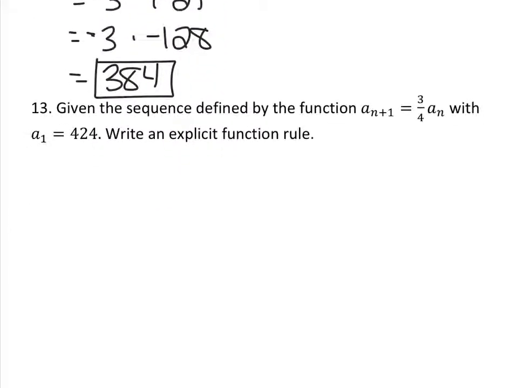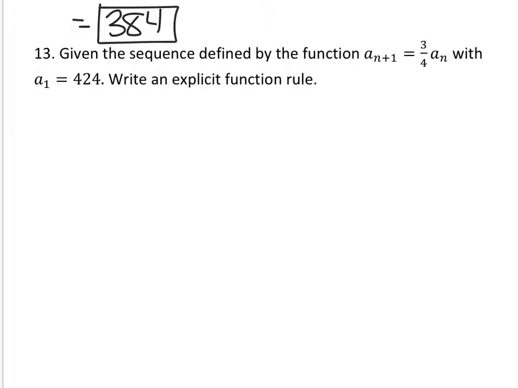Last problem. Given the sequence defined by the function a subscript n plus 1 equals 3/4 an, with the first term equal 424, write an explicit function rule. Okay, so this one looks crazy, but it's just because they don't give us the sequence directly. They give us the rule for the sequence though. So we're starting at 424.